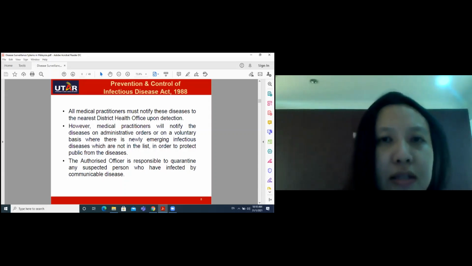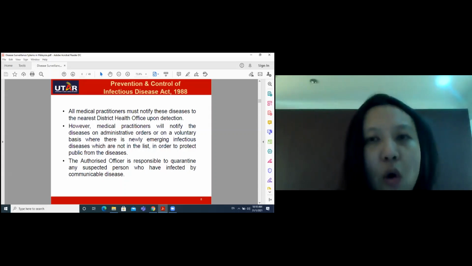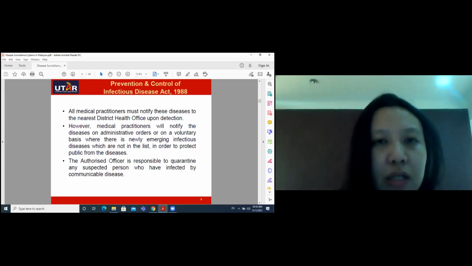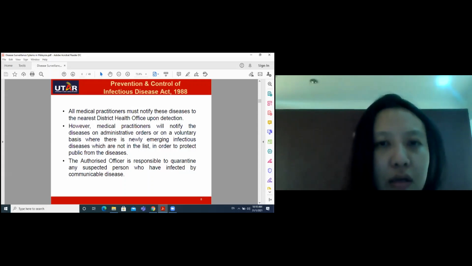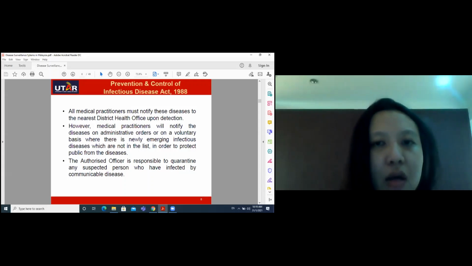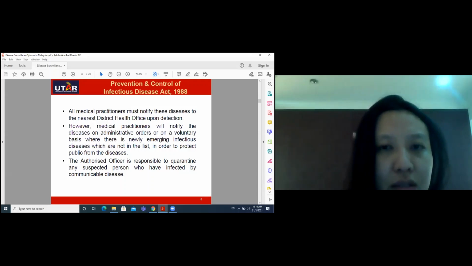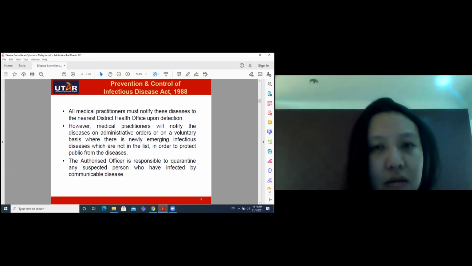And our disease surveillance is mainly according to the Prevention and Control of Infectious Disease Act 1988. So all medical practitioners must notify these mandatory diseases to the nearest district health office upon detection. However, medical practitioners will also notify diseases on administrative orders or on a voluntary basis, where there are newly emerging infectious diseases which are not in the list, like COVID-19, in order to protect the public from the disease.